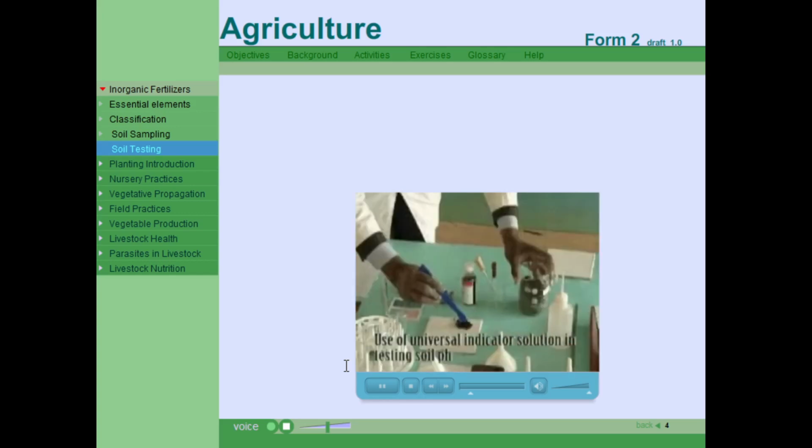The second step will involve pouring 1 to 2 cubic centimeters of our universal indicator solution.